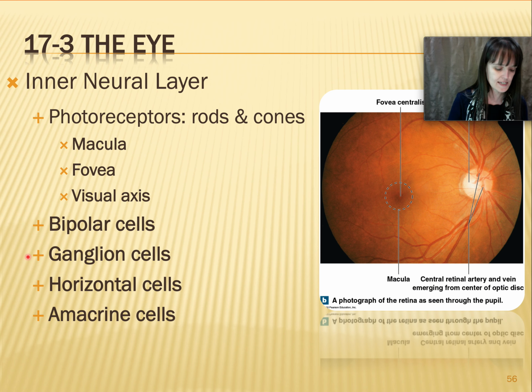In between, acting as facilitators or inhibitors, are the horizontal cells and the amacrine cells, and they play an important role in facilitation and adaptation, which is inhibition, and they help adjust to dim and bright light conditions.